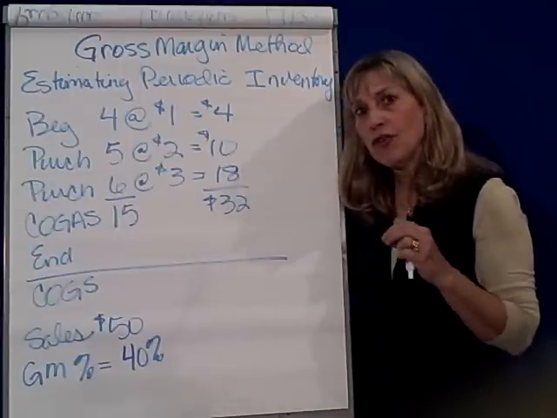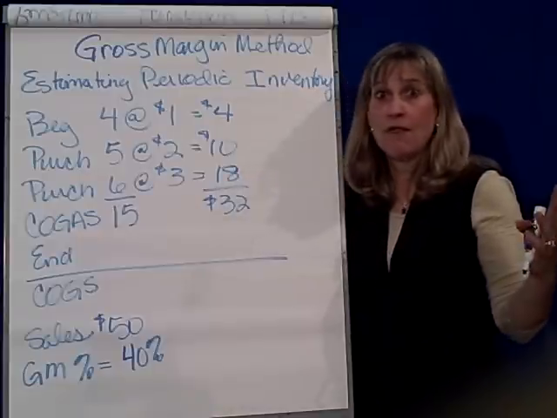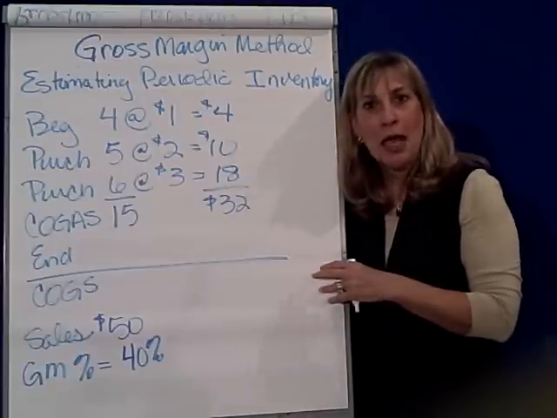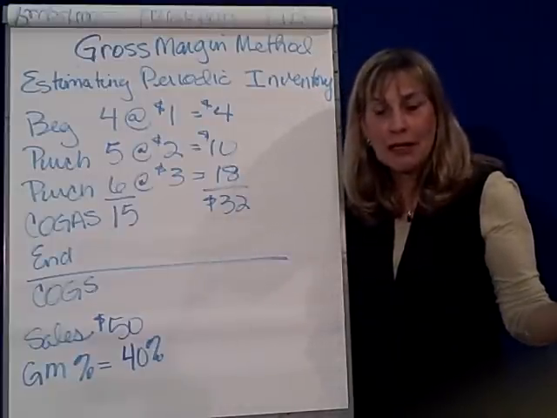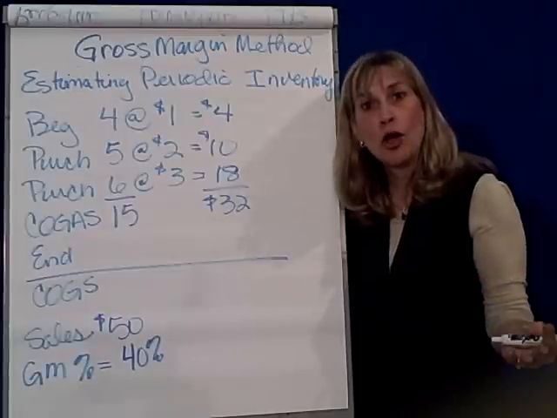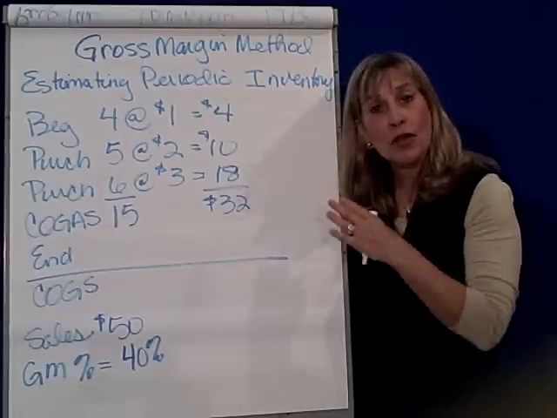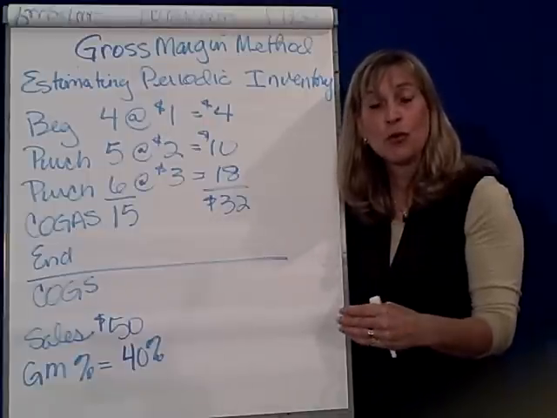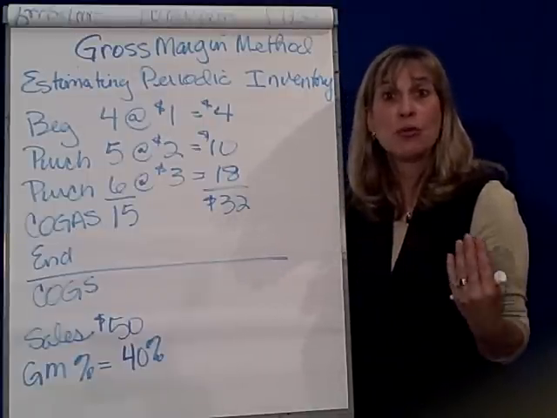We also use this method, say, if I'm an insurance adjuster and the hurricane comes through town and you know that you lost it because it's not here anymore, but you have to estimate your loss. So many times they'll use the gross margin method to estimate the inventory damage or the inventory loss.